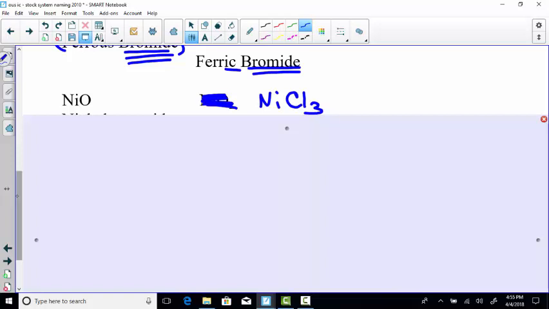So this nickel in this compound is going to be what charge? And if you use the fact that oxygen's -2, that means that's a +2. This nickel right here is going to be what charge? And since that's -1, that has to be +3. So again, I have my lower and higher charge.